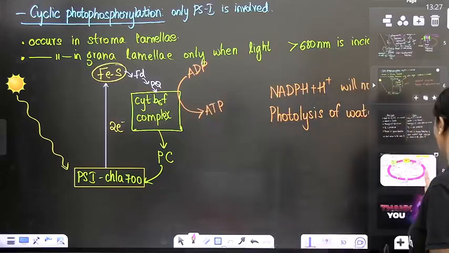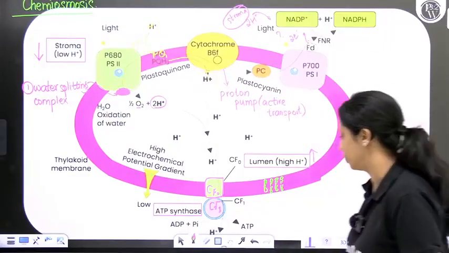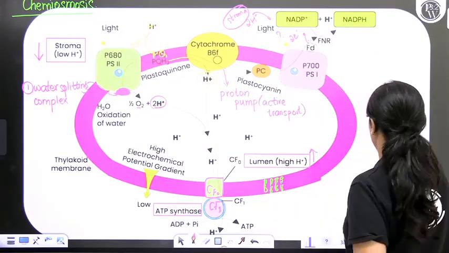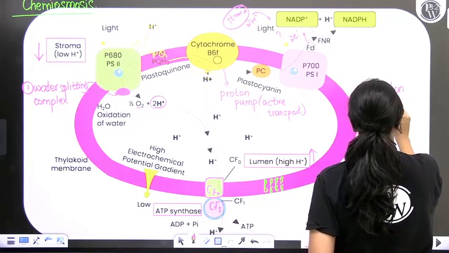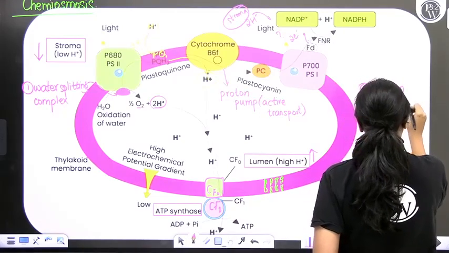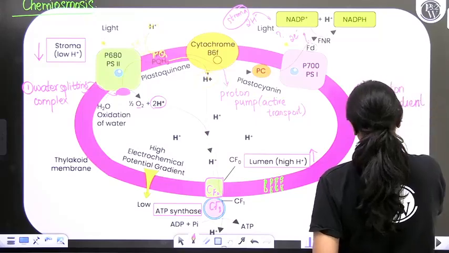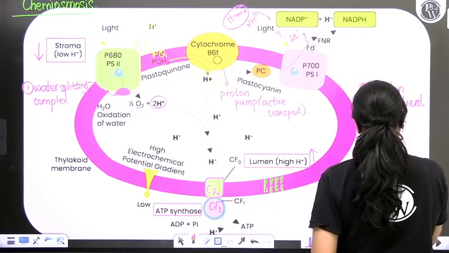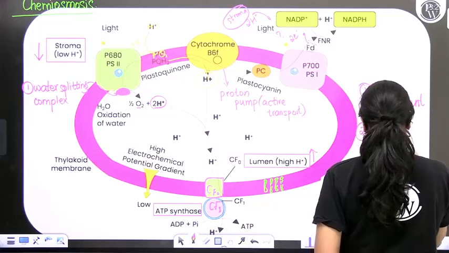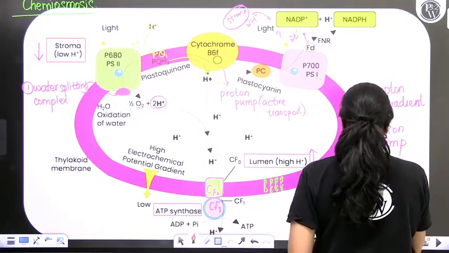Now for the synthesis of ATP, there are certain prerequisites that you must have. There should be a proton gradient. There should be a proton pump. There should be a membrane.